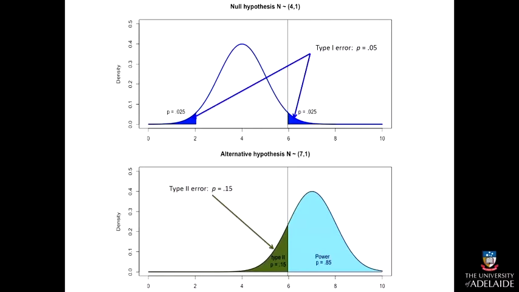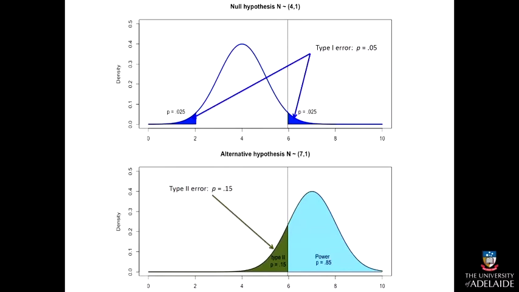So, because we're sampling from this distribution, 85% of the statistics that we calculate are going to fall to the right of our rejection criterion. It also shows that 15% of that distribution lies to the left, and that's the probability of us making a type 2 error. So what you have to appreciate is that even though things are very unlikely, they can still happen.